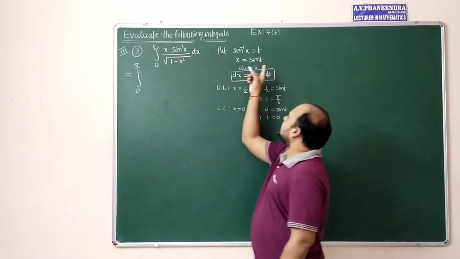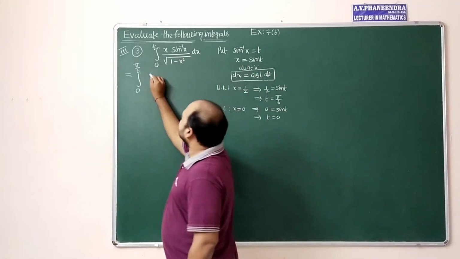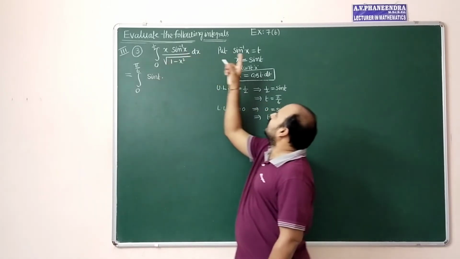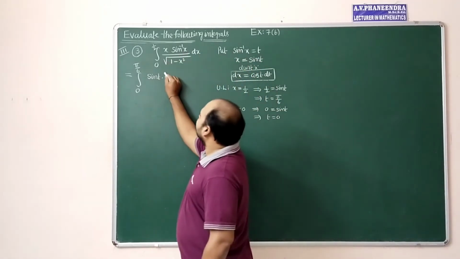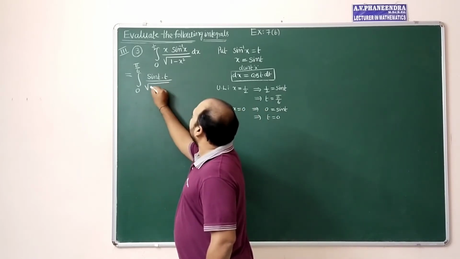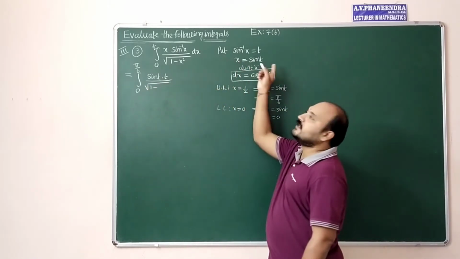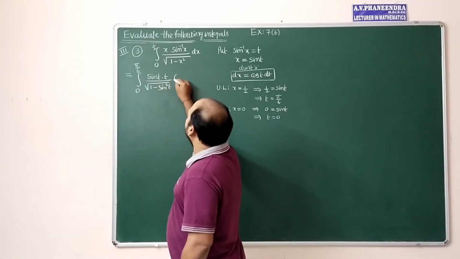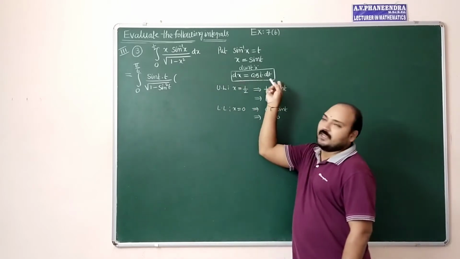In place of x sin t, into, in place of sin inverse x t, divided by square root of 1 minus x square, sin square t. In place of dx cos t dt.